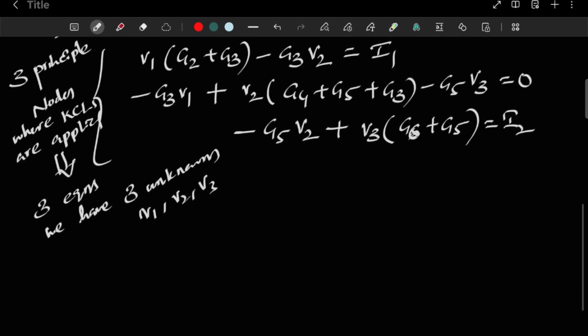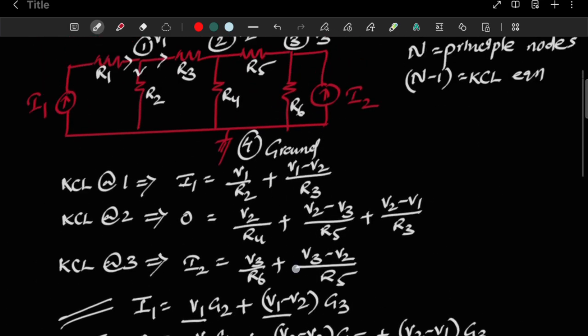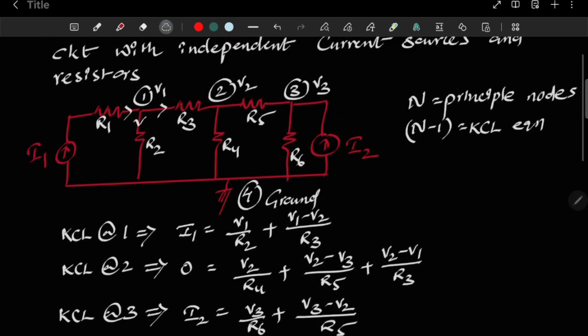Anyhow, I'm taking the diagram once again here. How these equations are coming, that is what we have to understand. So see carefully now.